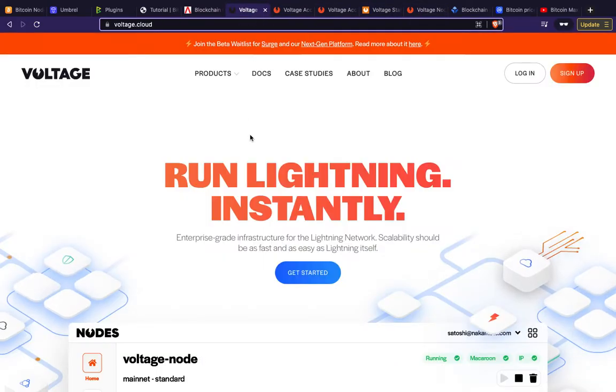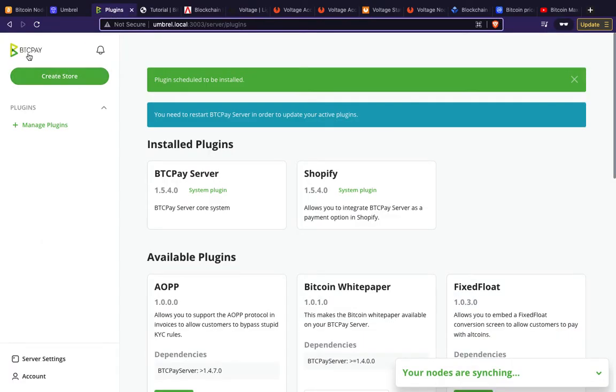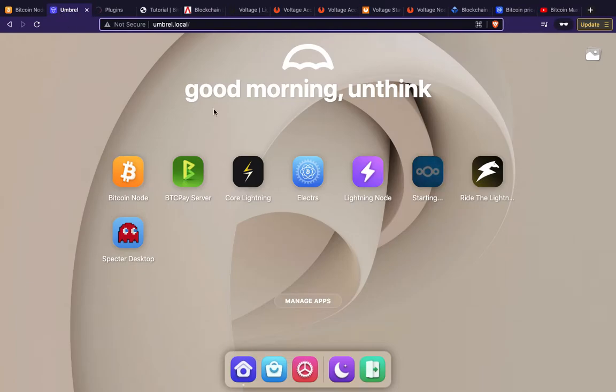Let's look at Voltage, and we're gonna look at the BTCPay as well. So, an interesting look into the Bitcoin network, specifically on the Lightning network.